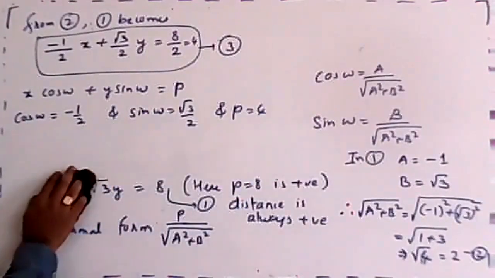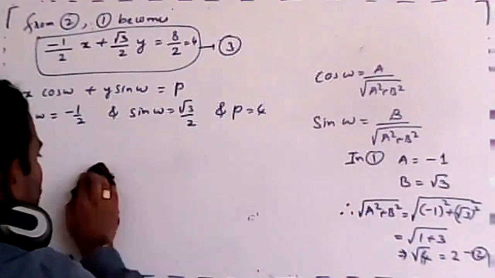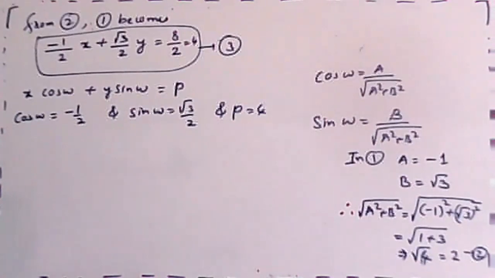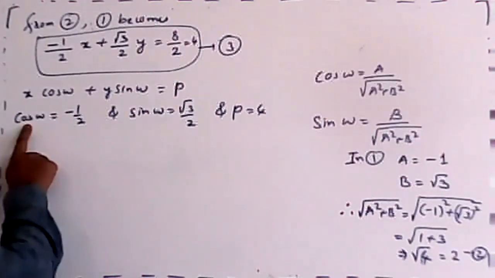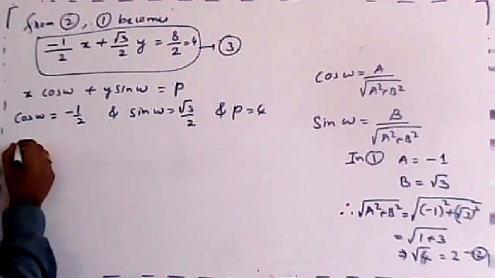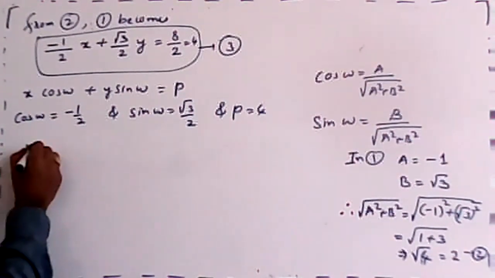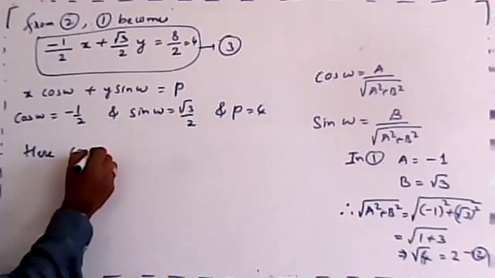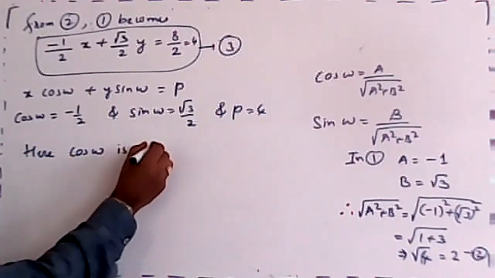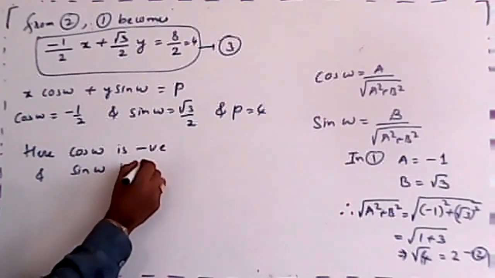Now we'll take the help of all the trigonometry you learned. Very easy to use. You check it now. In which quadrant is cos negative and sin positive? Here cos omega is negative and sin omega is positive.